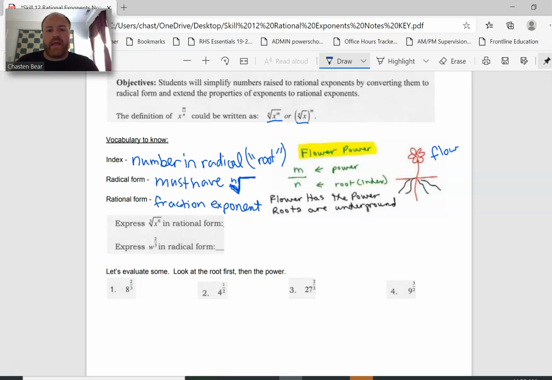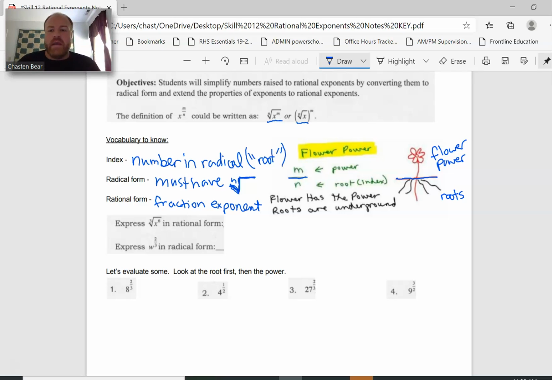So think of the flowers above the ground, and it has the power. The ground acts like the fraction bar, and what holds the flower into the ground are the roots. The roots tell you the index of the radical that we're working with.